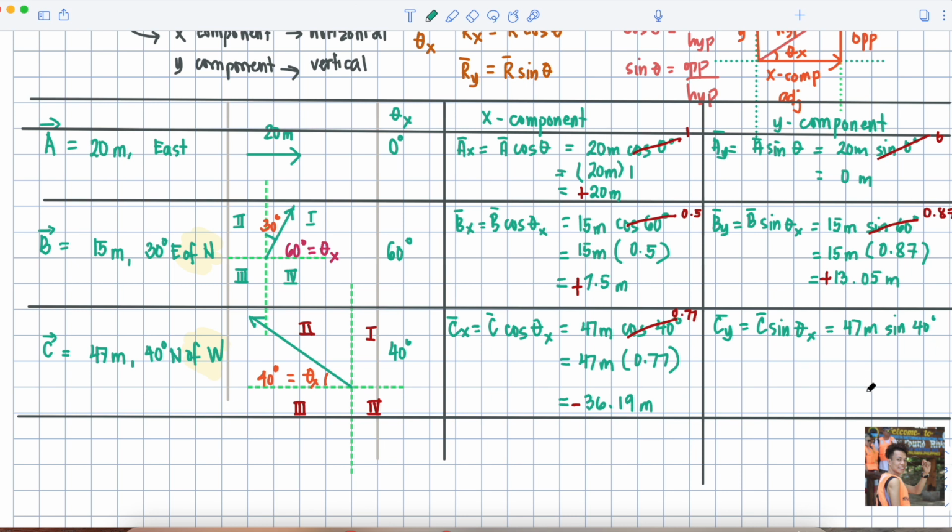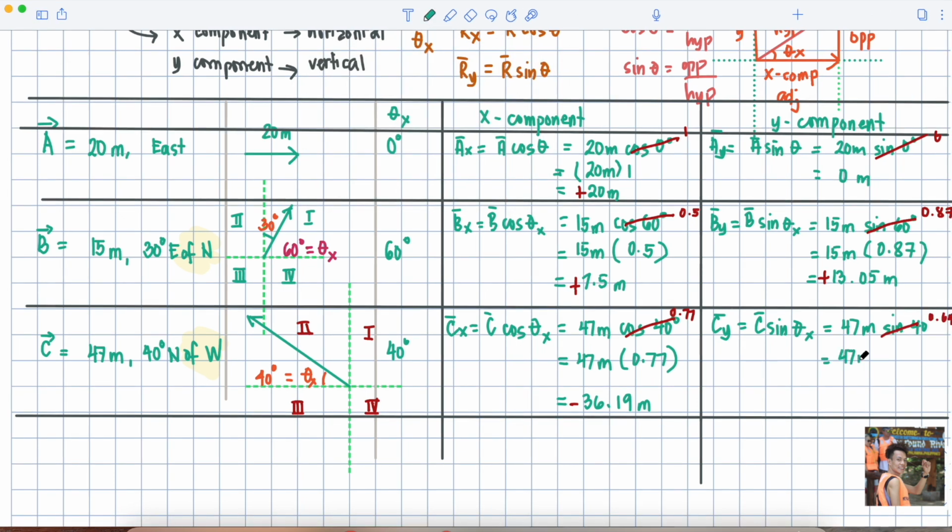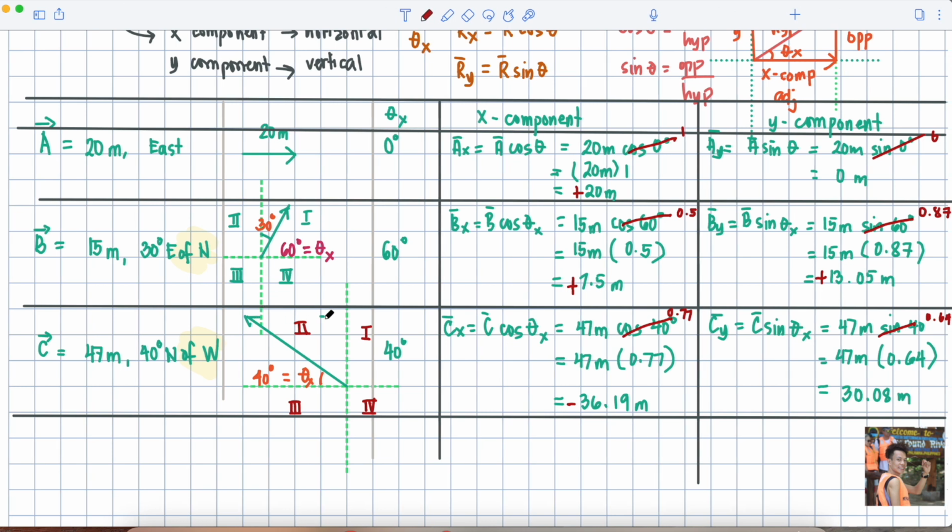Sine 40 degrees is equivalent to 0.64. 47 meters times 0.64, and that will give us a value of 30.08 meters. The y component of the vector lies along the positive y-axis. Therefore, the y component of the vector takes positive sign.